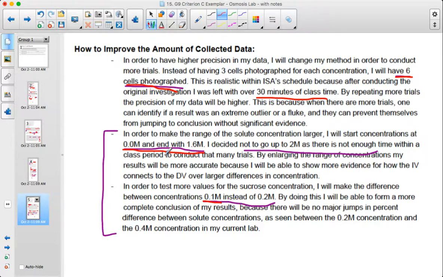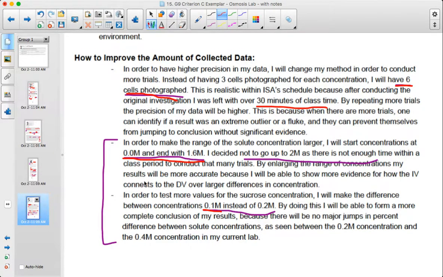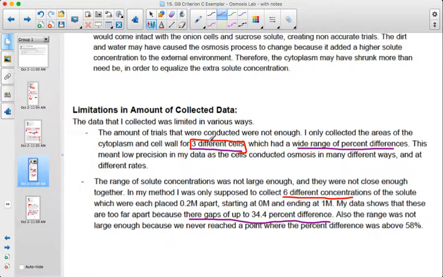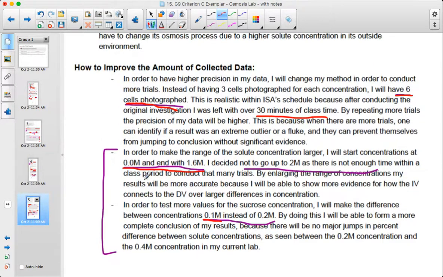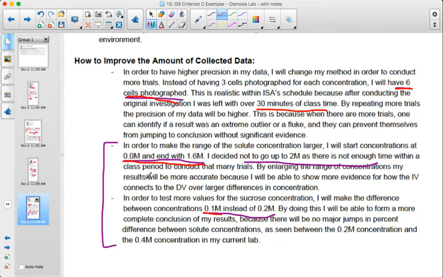But overall, they have addressed both the limitations in data that they suggested here, not enough cells and concentrations that are too far apart. And so I think their improvements are very good to address the weaknesses that they brought up. Perhaps they could have talked about the impact of these improvements, mainly that they'd be more confident in their percentage differences because they'd have 6 values.